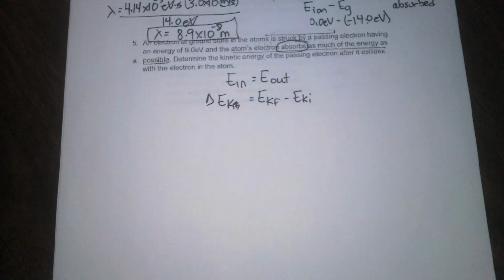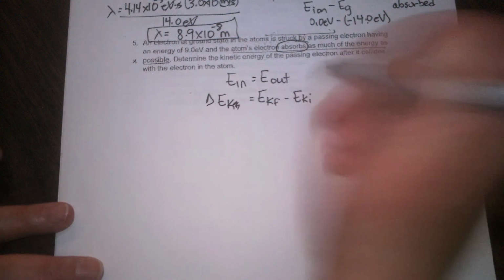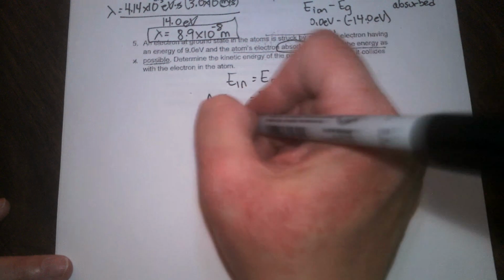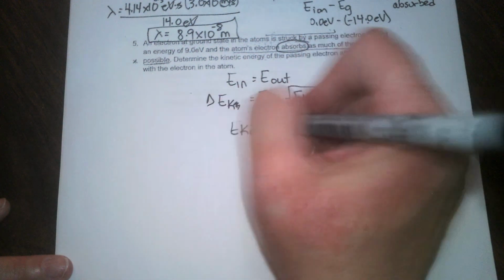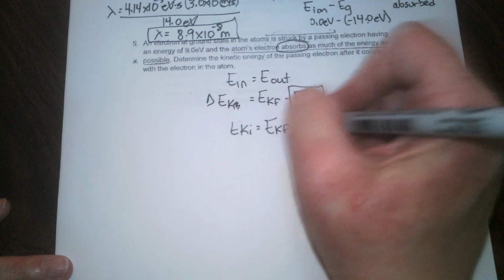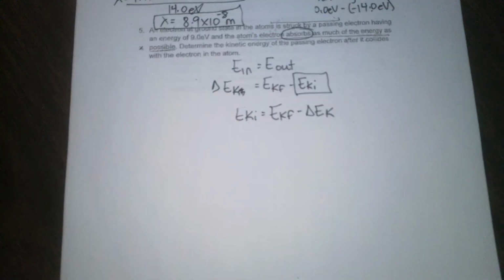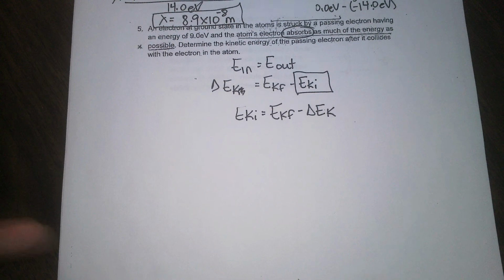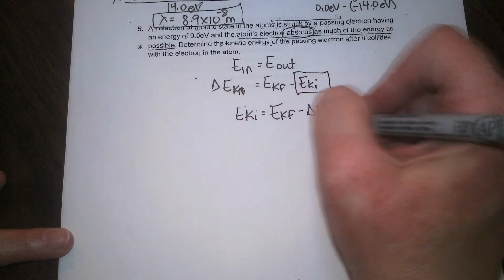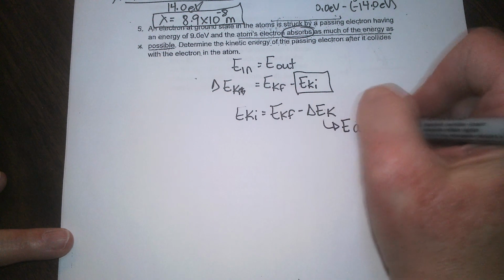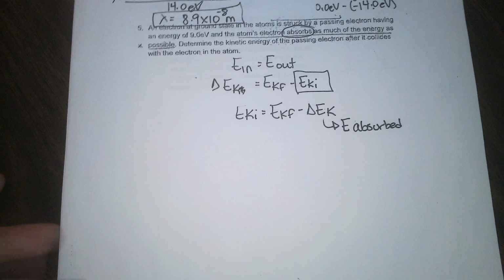But it's asking us to find the kinetic energy of the passing electron. That's this guy here. So in order to find EKI, we're going to go EKF minus the change in energy. This change in energy happened to be the energy that was absorbed.